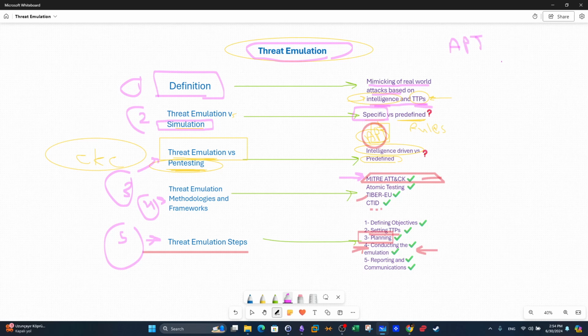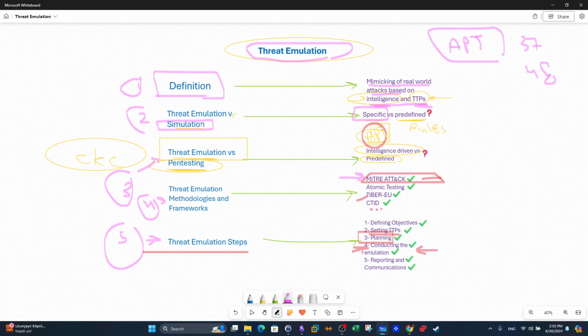Attacker groups are called advanced persistent threat groups if you're talking about sophisticated attacks. So when we do threat emulation, we conduct the campaign based on a specific APT, such as APT 37, APT 48, and so on. We select a specific APT group and we conduct the emulation.